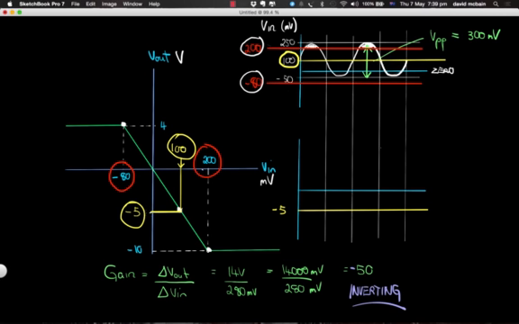So when the input is at 100 millivolts, I beg your pardon, the output will be at negative 5. Every time the input is there, or here, or here, or any of those points, it will actually be on the negative 5 volt line on the output.